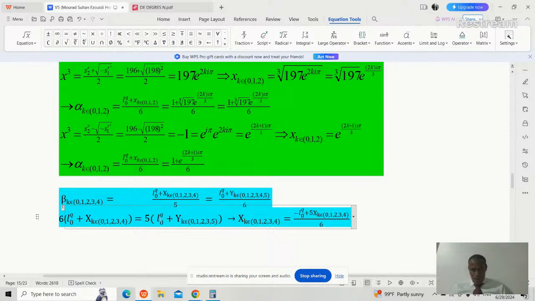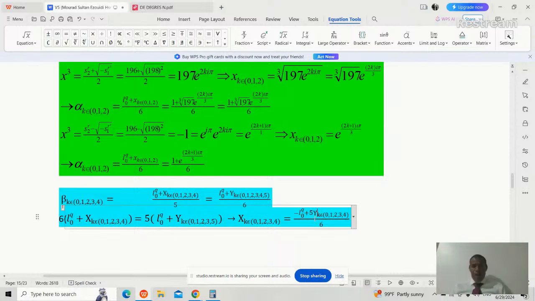We said minus 0 plus 5 times xk. This is xk to the power 5, and this is yk to the power 6 minus 5, correct? This is y, learners, because we already found y.